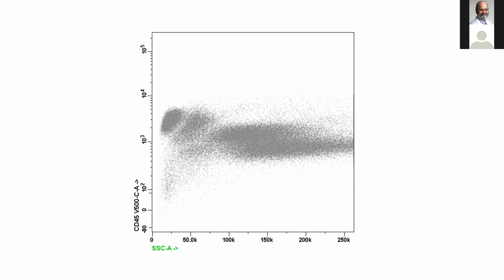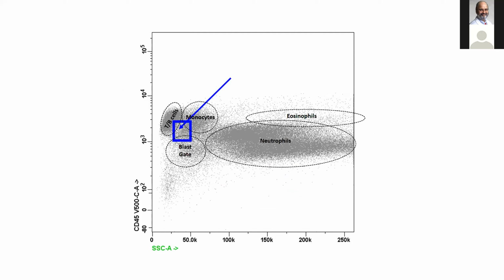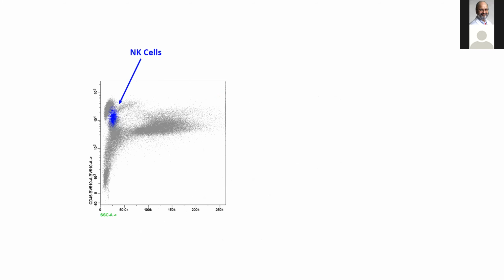So we'll start off with the commonly used plot, CD45 versus side scatter, and we're really interested in this area here. This is the area that sits between the T and B lymphocytes, the monocytes, and the blast gate. The first cell population that we'll talk about that sits in this area are NK cells.